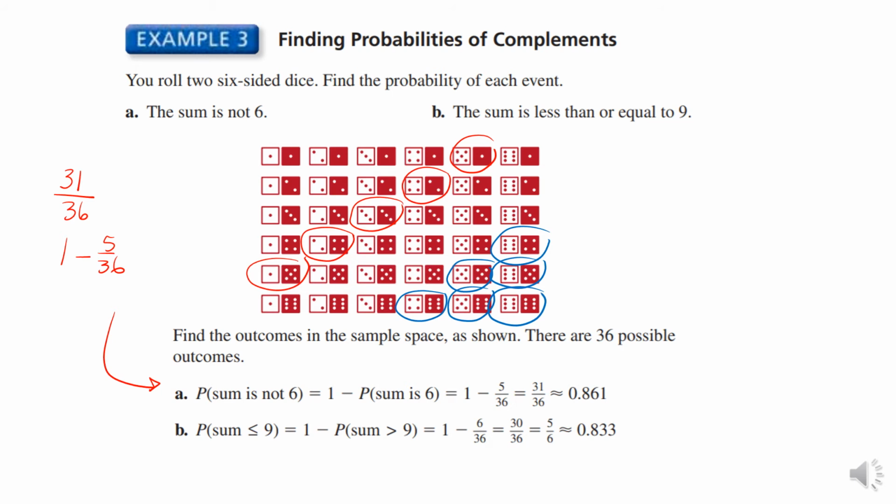So everything else would be 1 minus 1, 2, 3, 4, 5, 6, so 6 over 36, or 1 minus 1/6 equals 5/6, and there is our probability for this one. So you could have solved it by looking at all the ones that weren't, or you could do it by going 1 minus the other. All right, just different ways to look at problems.